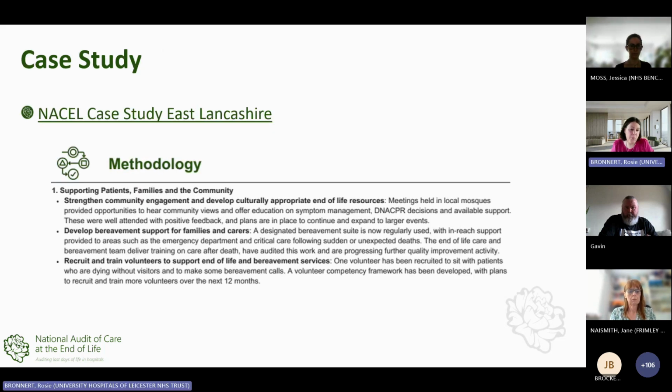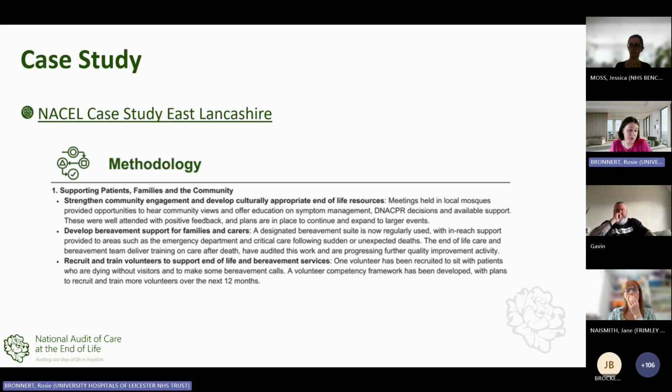And we have worked up with them a more detailed case study, which is available on the NACEL Good Practice Compendium site. There are actually 5 specific case studies there in much more detail that you can look at. They are really excellent examples of some improvement work that people have done with different themes.